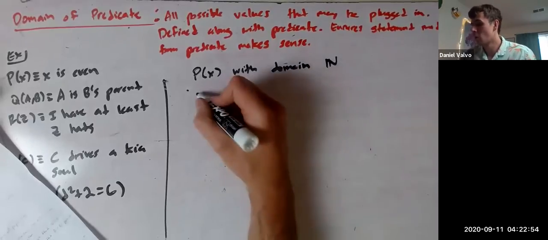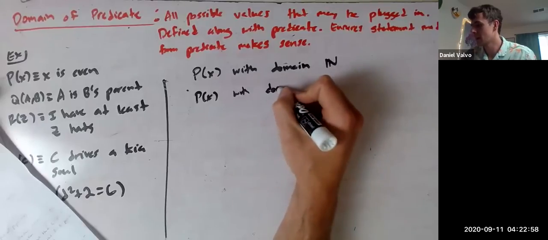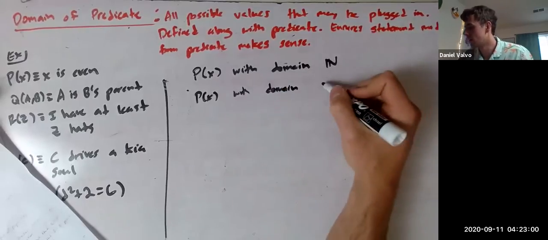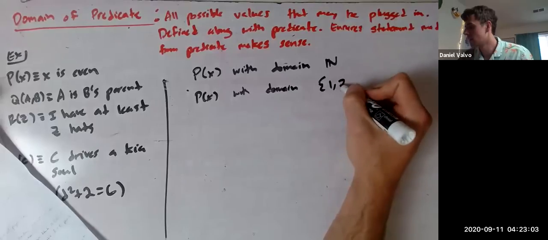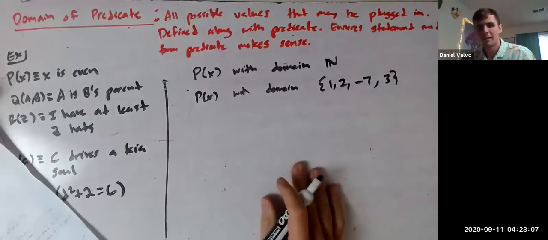You could have that, or you could say P of X with domain, I don't know, 1, 2, -7, 3.